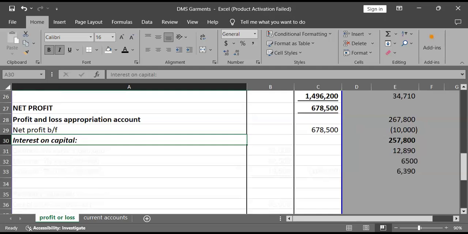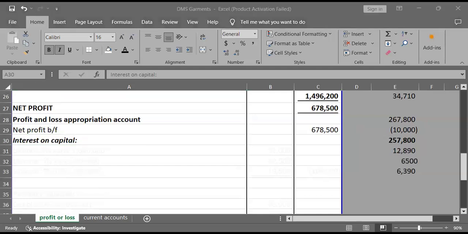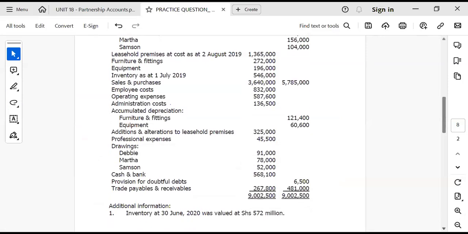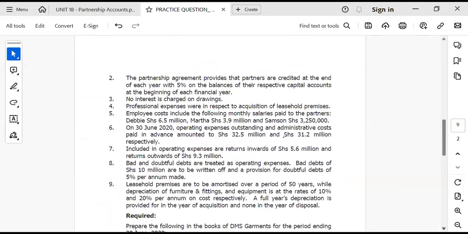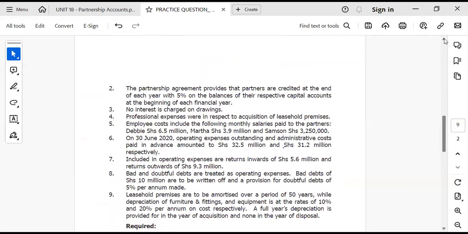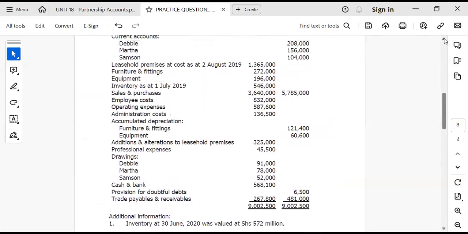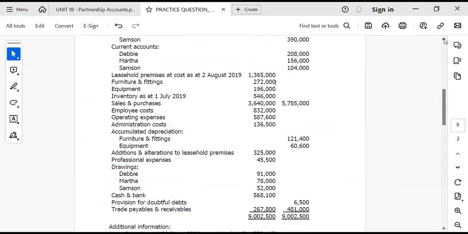Now, the question was telling us that the partnership agreement provides that partners are credited at the end of each year with 5% on the balances of their respective capital accounts at the beginning of each financial year. So you're supposed to give partners interest on capital, and this interest will be computed upon the opening balances of their capital.